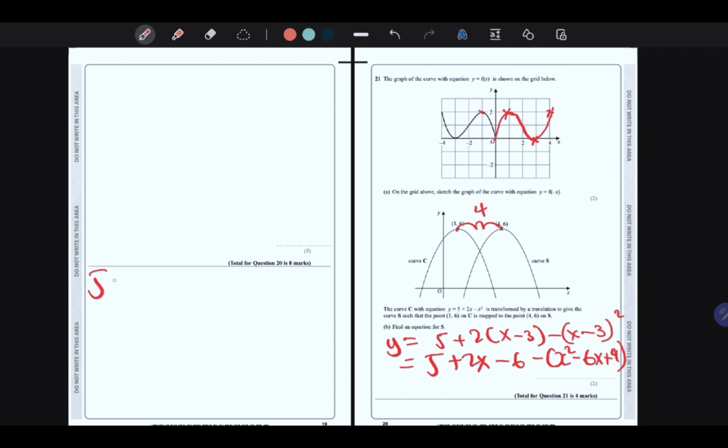And then we're going to have 5 plus 2x minus 6 minus x squared plus 6x minus 9. So we do 5 minus 6 minus 9, which is negative 10.